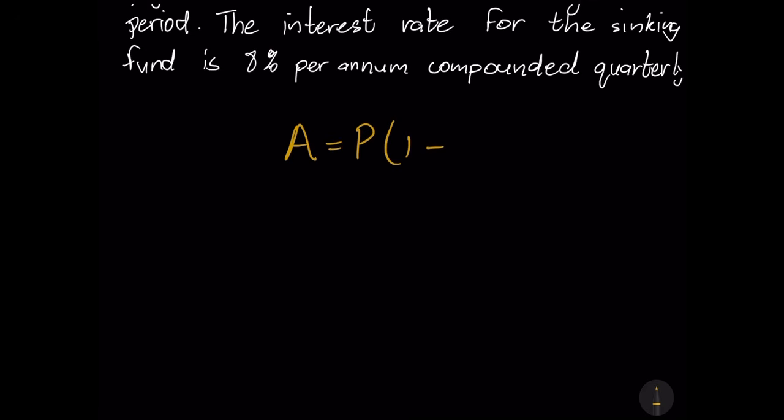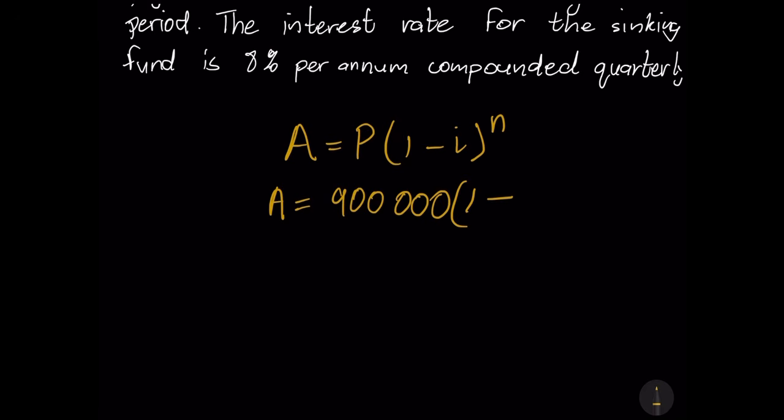So this will be 1 minus i to the power n. And in this case, we know that we want to know what it will cost and we know that our present value in this case was 900,000. This is what the equipment costs today. This is 1 minus.